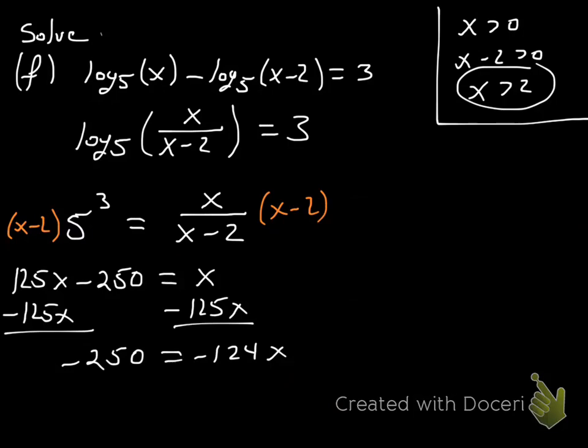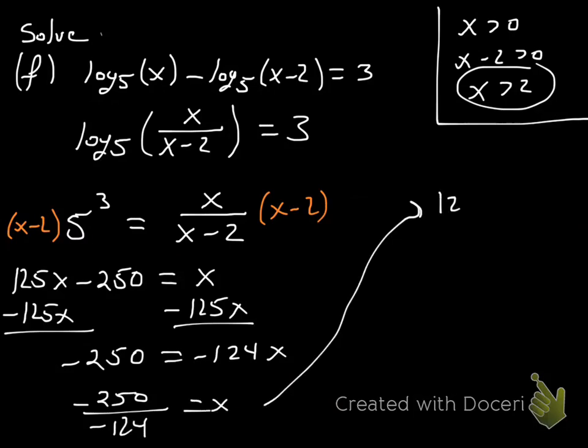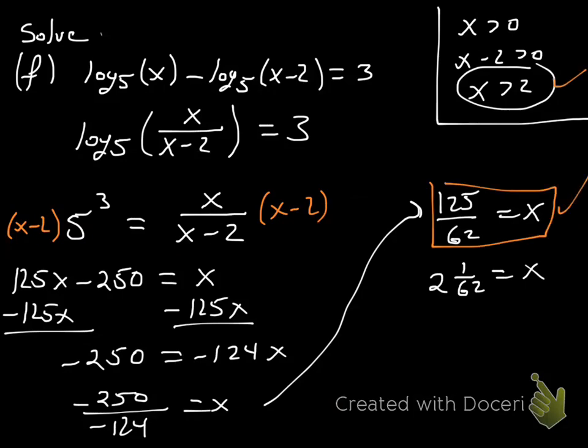Okay, and then we'll go ahead and divide both sides by negative 124. And then we'll go ahead and reduce. And then if you want to write that as a mixed number so you could be double sure, 2 and 1 over 62 is in fact larger than 2.